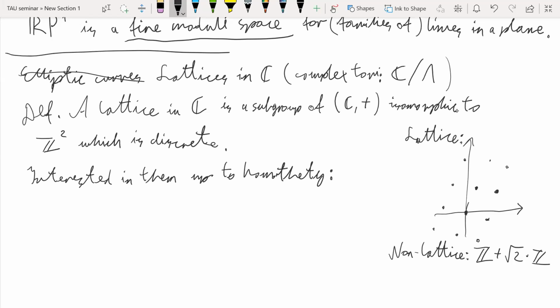What does up to homothety mean? It means up to multiplication by a constant alpha in C star, which means that I identify two lattices as being the same if they differ by scaling up or down or by some rotation.